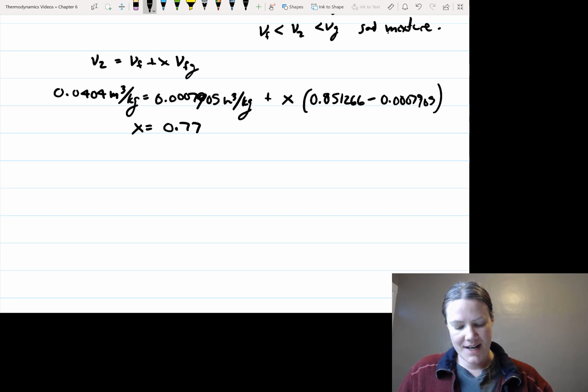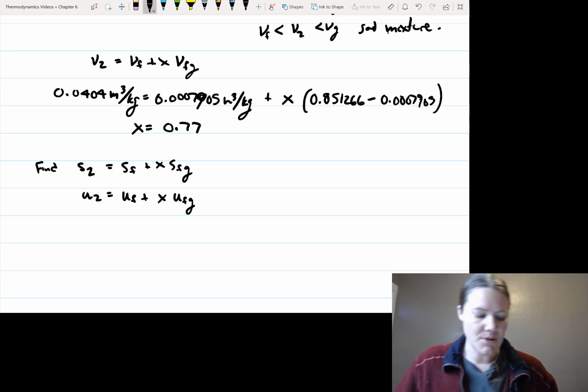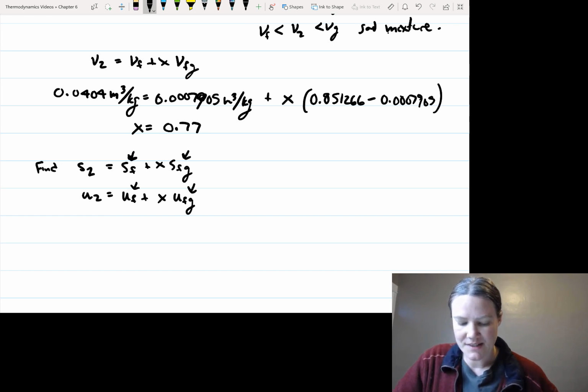What we're finding is the entropy at state 2, so this is equal to SF plus X SFG, and U2 is equal to UF plus X UFG. Then we're going to do the same thing we did before, just look up these values on the table, and then we can solve.